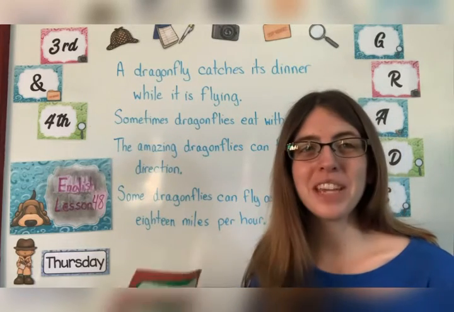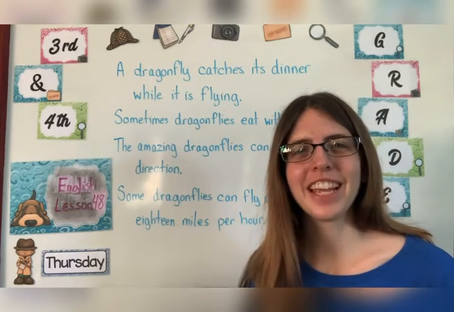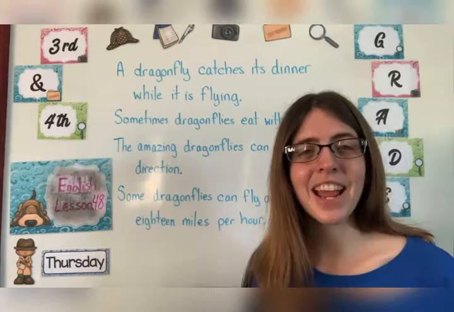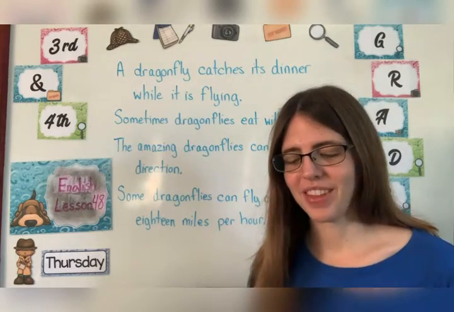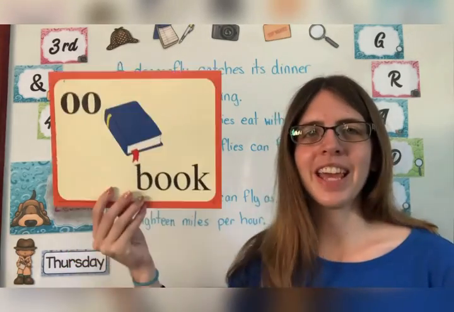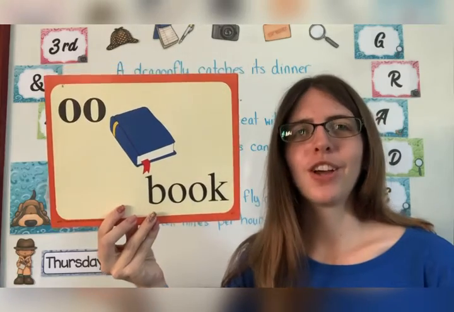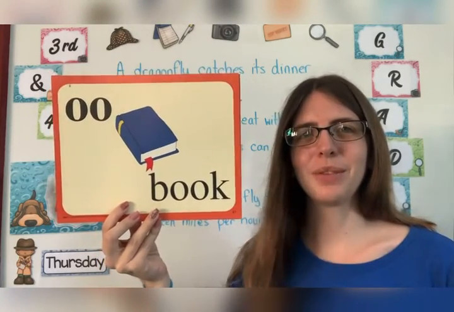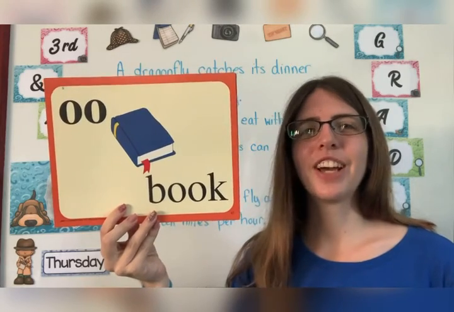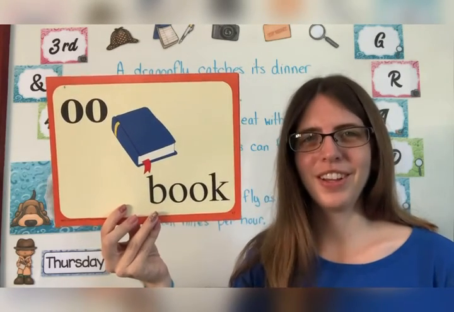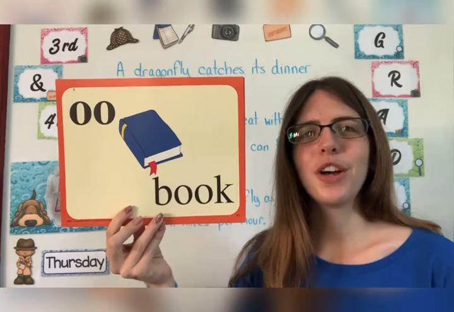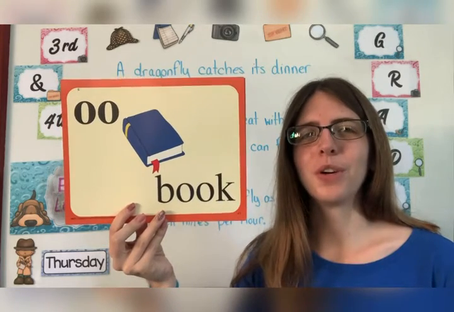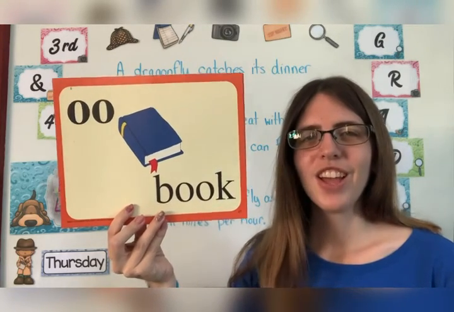We have 3 special sounds that we're learning in our English class today. All right, our first one is oo in book. Say it 3 times with me. Oo in book.